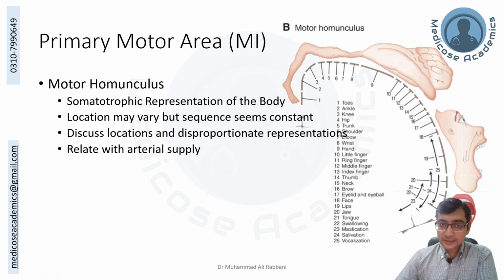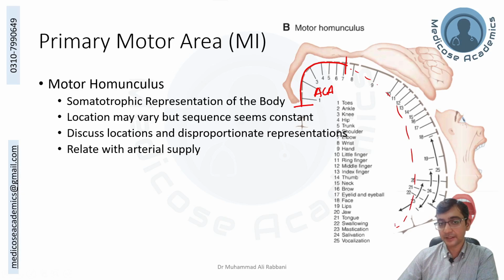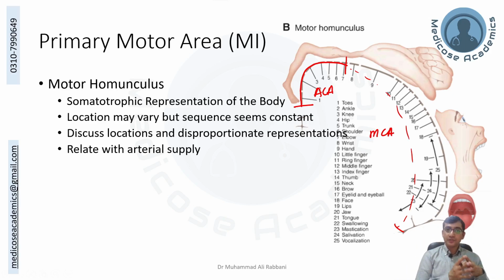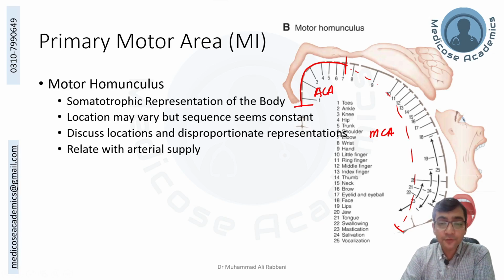We will discuss that in the lectures about the arterial supply. Roughly, the medial aspect and some part of the lateral aspect is supplied by the anterior cerebral artery, and all the rest of the area that we see right here is supplied by the middle cerebral artery. This relation with the cerebral arteries comes in very handy in clinical settings when you are discussing a cerebral infarct.